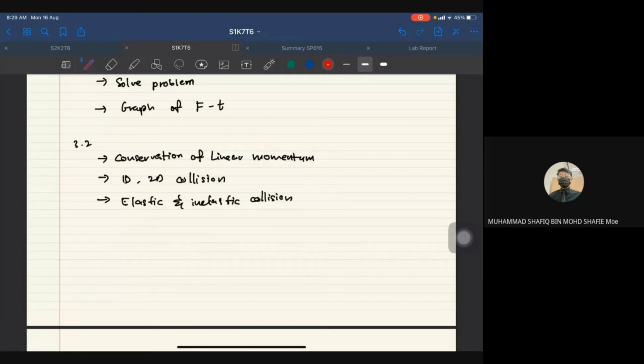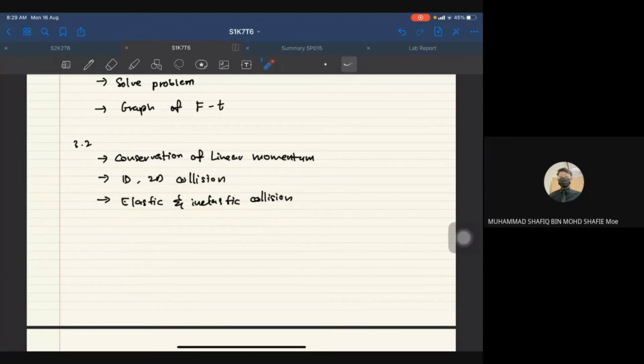Okay, and then 3.2 we have conservation of linear momentum, which might involve one dimension and two dimension. Maybe we can try to discuss one dimension first, and maybe I can try to show you what happen if you have two dimension. But most importantly, I want you to point out about elastic and inelastic punya collision.